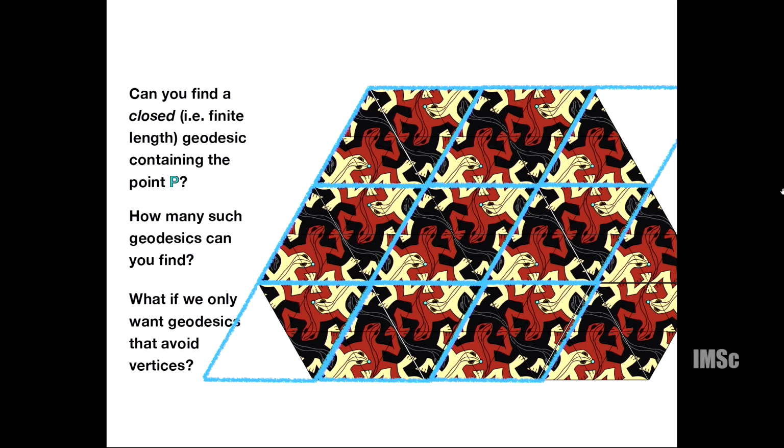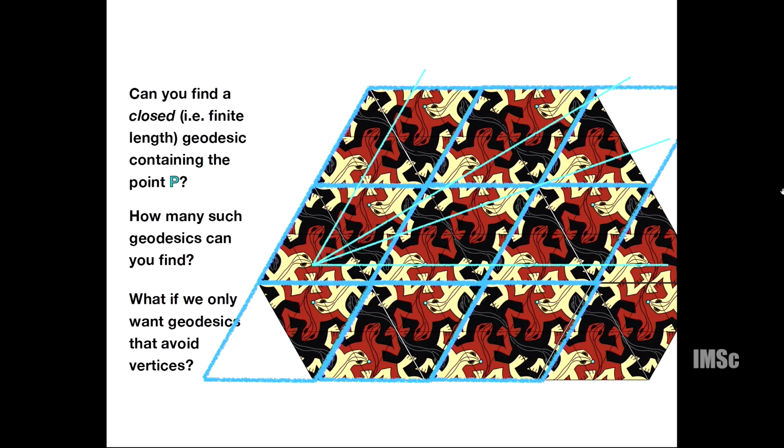So interestingly, all of these closed geodesics that relate this point to the corresponding point in other rhombuses end up being closed geodesics on the tetrahedra, which avoid the vertices. So those give us all of those vertex avoiding geodesics on the tetrahedra.